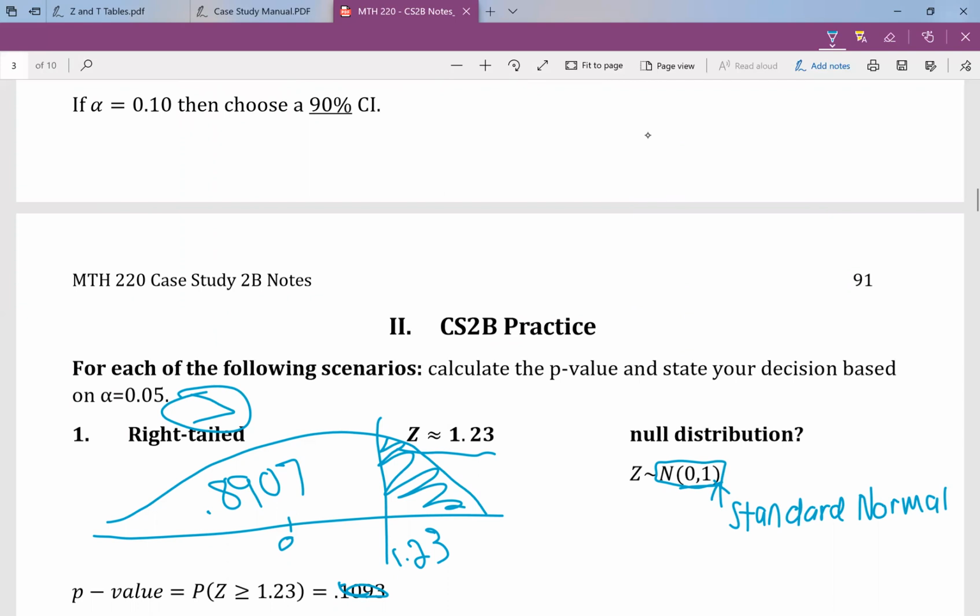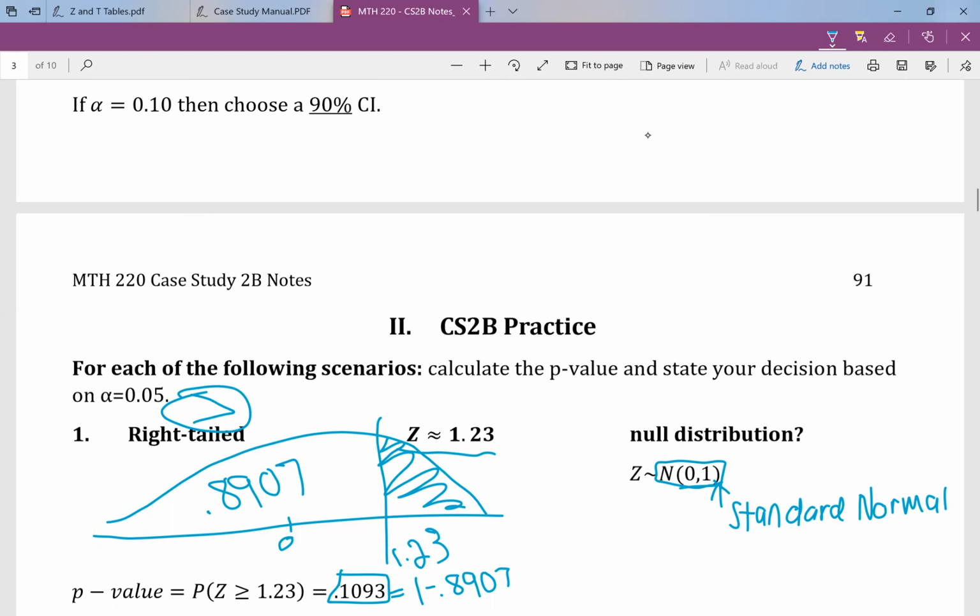We subtract from 1. When you do that, you should get a p-value of 0.1093.